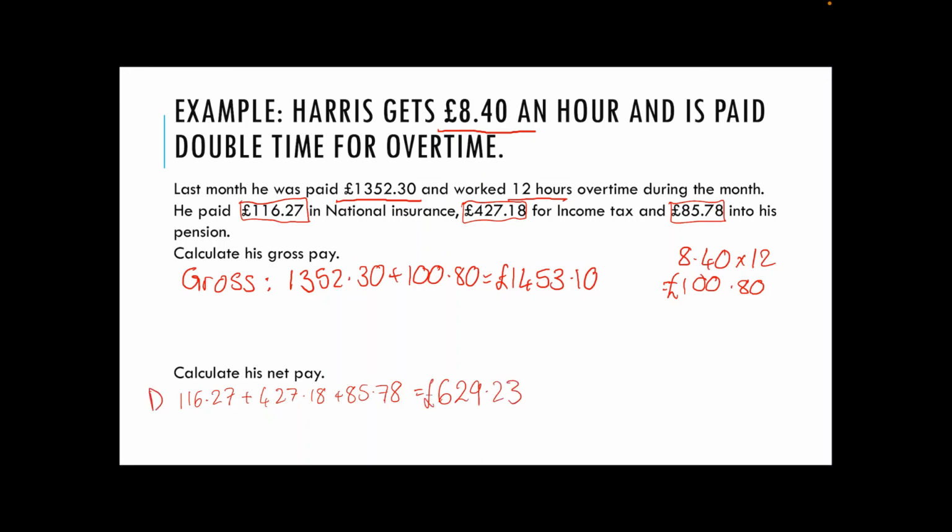That's his deductions though, so the net pay is going to be the gross pay, take away the deductions, and that is going to give us £823.87 as Harris's net pay.